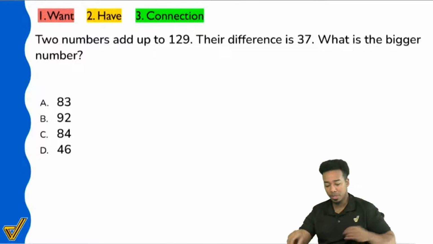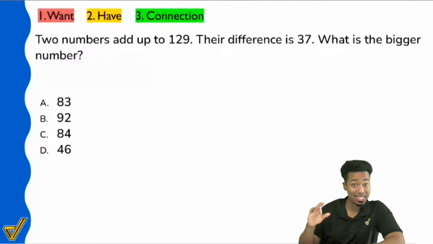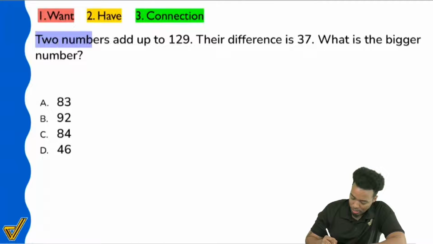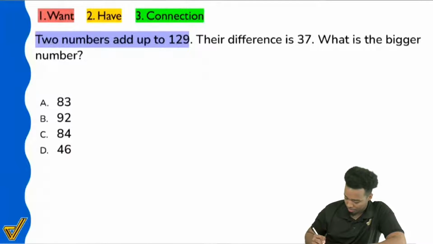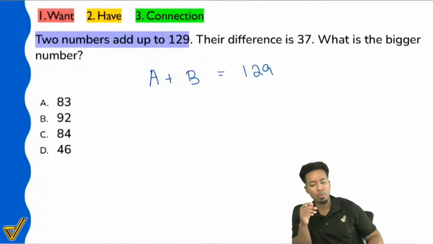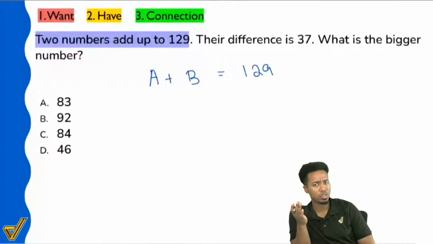So here we go. If we're going ahead and setting it up, here's what we would have done. The sentence says two numbers add up to 129. So we can just say, A plus B equals 129. Now, which one are we looking for again? A or B? Bigger or smaller?